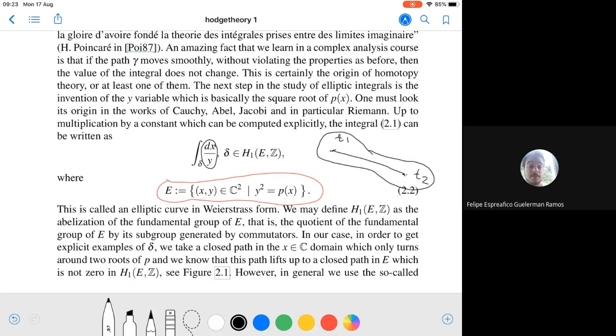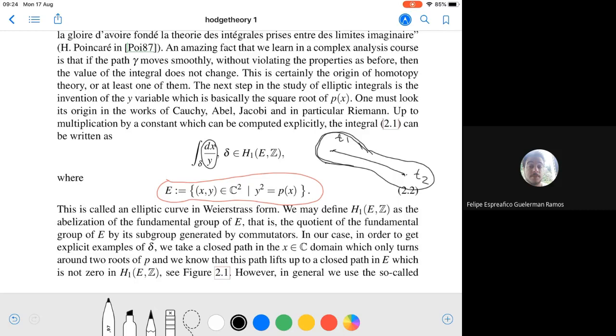So one next step in this process of understanding the integral was to integrate over a closed path, because remember that I complexified my x-plane, and now the paths have freedom to move.